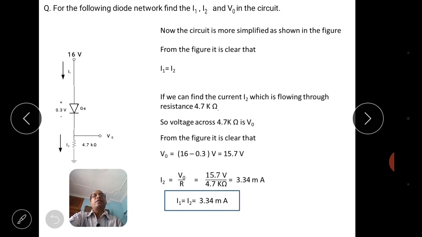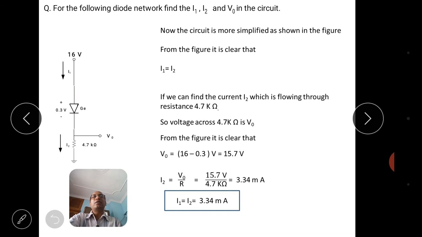Now we can find the current I2, which is flowing through the resistance 4.7 kilo ohm. So the voltage across 4.7 kilo ohm is V0, and from the figure it is clear that out of 16 volt, 0.3 volt is taken by the germanium diode, and the rest of the voltage will be available across the resistance 4.7 kilo ohm.